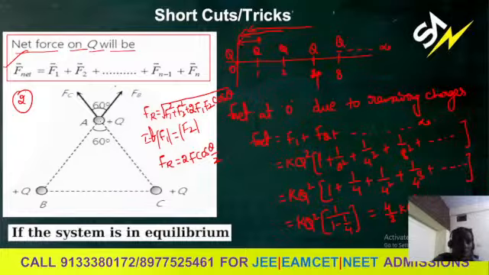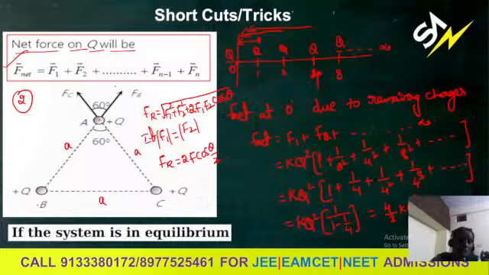Now let us solve this question. There is an equilateral triangle, let the side be A. Now I am going to find the F net at any corner due to the remaining charges. You can observe in the diagram, I kept equal charges at all corners, plus Q, plus Q, plus Q. In the diagram I have already given the direction of the forces.